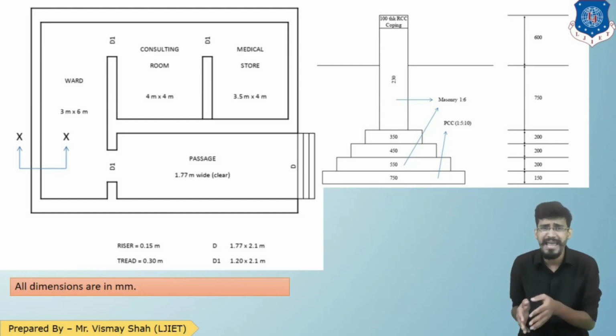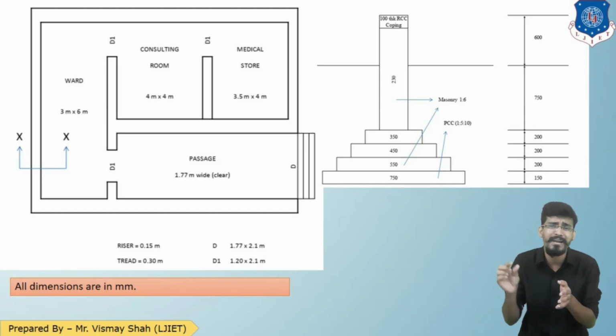And in the section, you can see that a step footing is given, and above ground level an RCC coping is given. In the section drawing, if you look closely, the height is given at different points. The bottommost part is the PCC having width 750 mm.